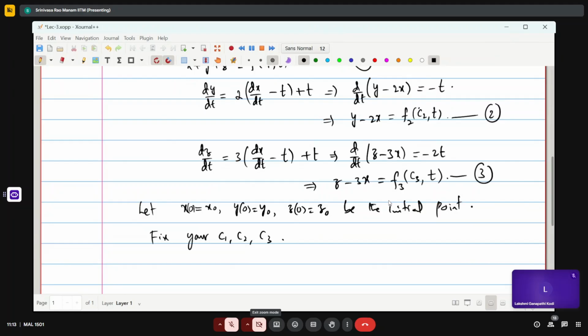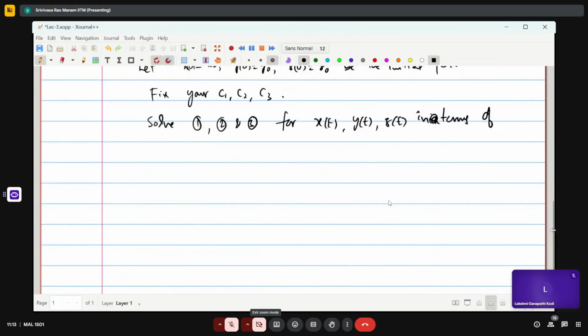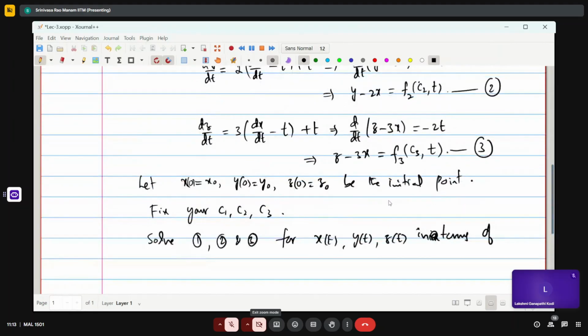Then you will have x naught, y naught, z naught. And then solve 1, 2, and 3 for x of t, y of t, z of t in terms of x naught, y naught, z naught, and t.